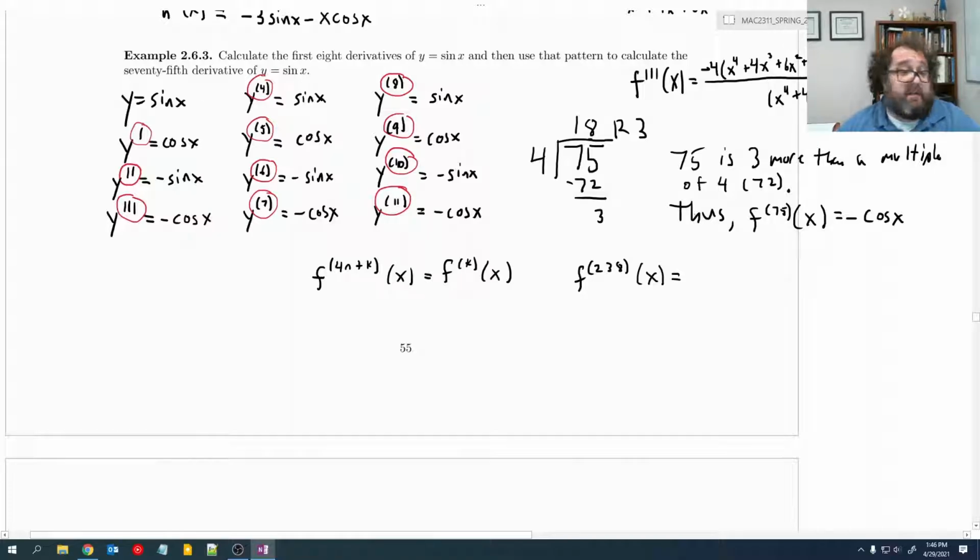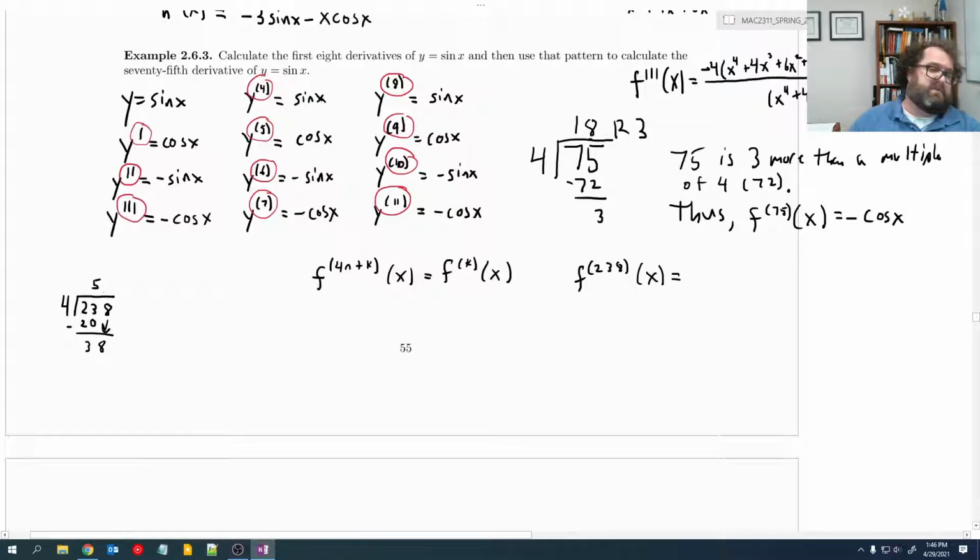Basically we need to divide by 4 and see what the remainder is. So somewhere over here where there's some room, 4 into 238. Obviously 4 doesn't go into 2, but 4 goes into 23 what, 5 times? That's 20. Then we subtract, all right, subtract there, and we get 3. Drop the 8.